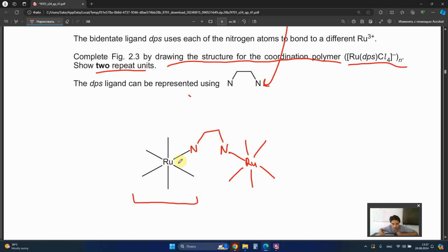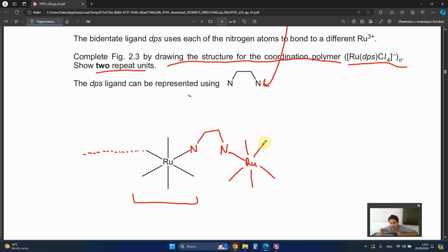And you have to also understand that these bridges are used to connect these complex ions from both sides. So you also need to choose one other bond to show the rest of the polymer. So I think this part would be fine. I have to show that from this side, you also have some repeating units, but we are not showing them because the question says that we have to use only 2 repeating units.